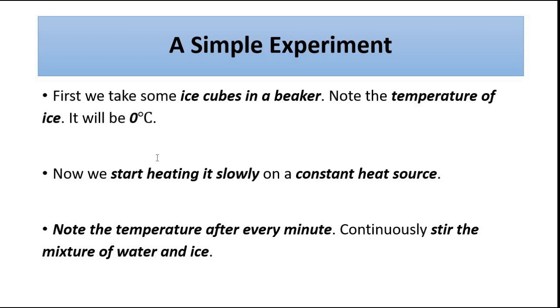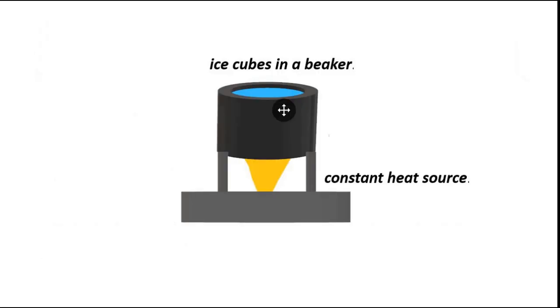So we'll start the experiment by taking some ice cubes in a beaker, and we will heat it on a constant heat source. Another thing we have to do is take readings of the temperature inside the beaker at regular intervals, and we have to continuously stir it.